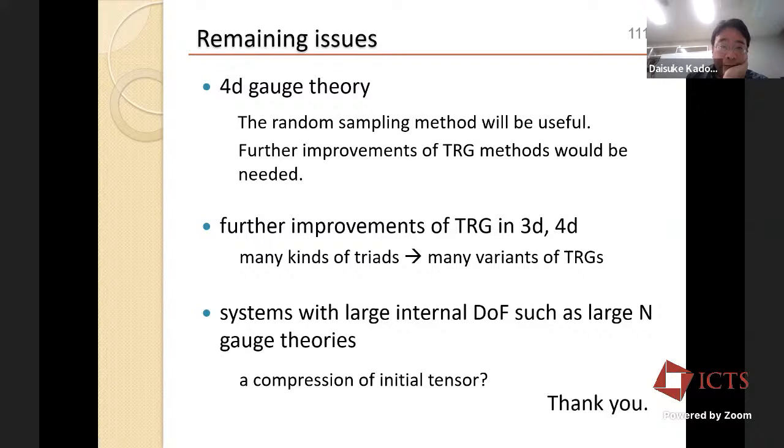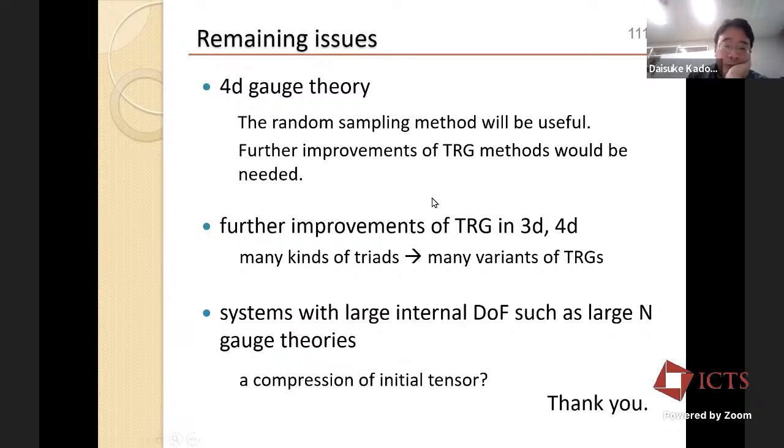The computation for 4D gauge theory is the most important issue. I think the random sampling method will be useful for TRG computations of 4D gauge theory. But improvement of the TRG method would be needed to compute 4D gauge theory.